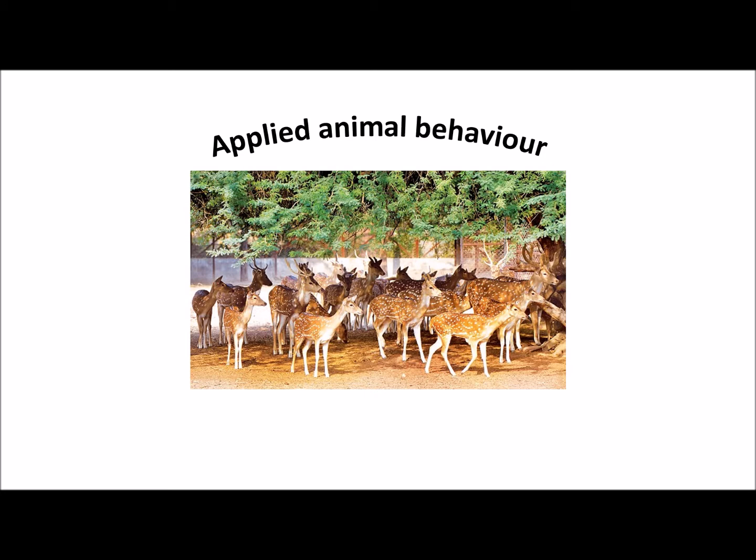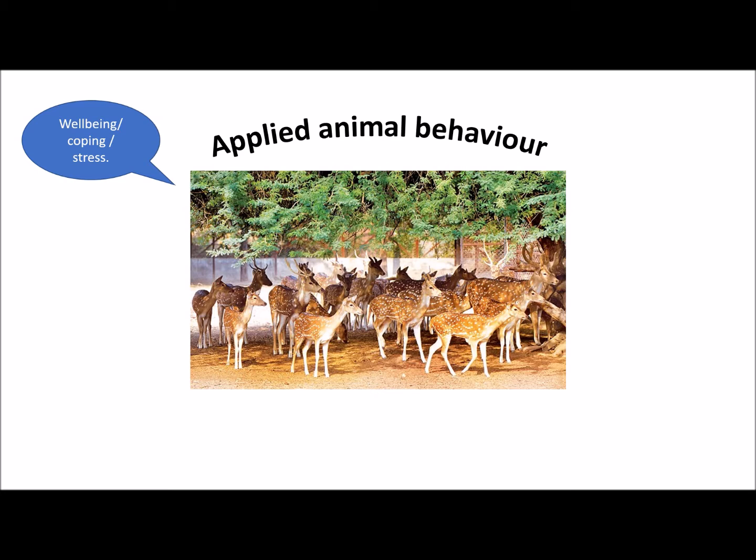If we know what behavior is and we know how we can measure it based on it being long-term or short-term, we can apply that knowledge to industry, to practice, animal management, animal care, animal welfare, for example. We could look at well-being, which links to coping and stress.